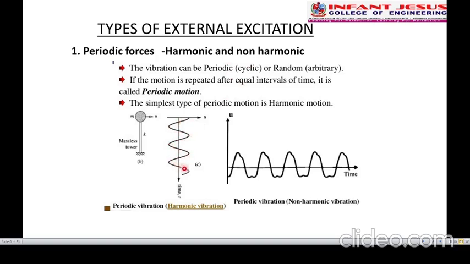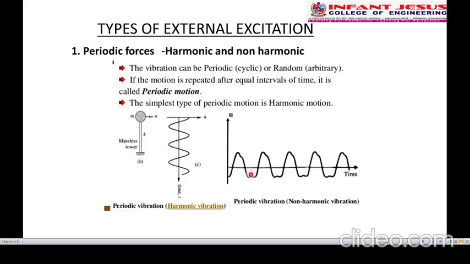For example, periodic motion is harmonic vibration. It will be uniform, in the form of a sine wave. Harmonic means periodic, repeated again and again at equal intervals of time. Non-harmonic can also happen.